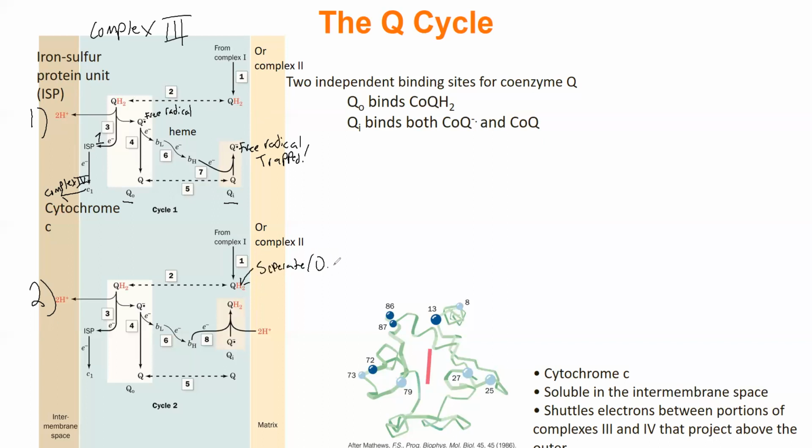A separate or different QH2 molecule binds than in phase 1. So these are actually 2 different molecules. And we go through these stages again, where QH2 loses 2 hydrogens, gives an electron to cytochrome. The cytochrome leaves to go to complex 4.